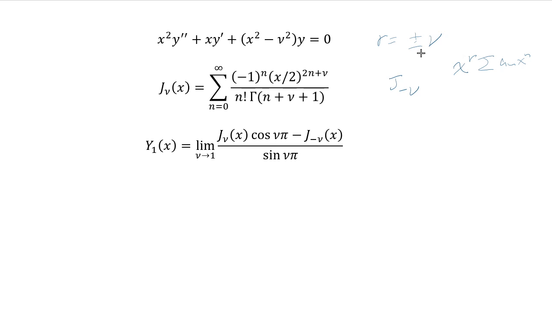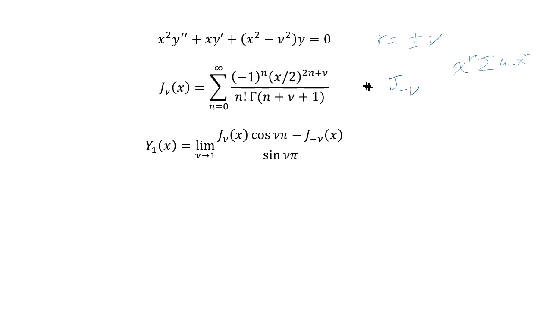So you can see that if nu is an integer or a half integer, then such a thing happens. Now, luckily, when nu is a half integer, the logarithmic singularity doesn't appear, and they both are expressed this way, with r being positive nu and negative nu. So this one and J negative nu, which is just the same thing with nu replaced by negative nu, are two linearly independent solutions, and we can just happily go about using that as the solution.